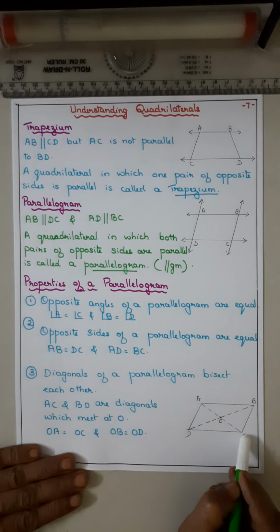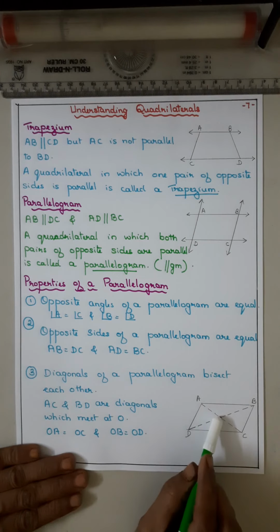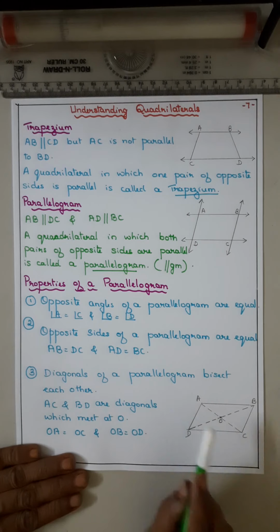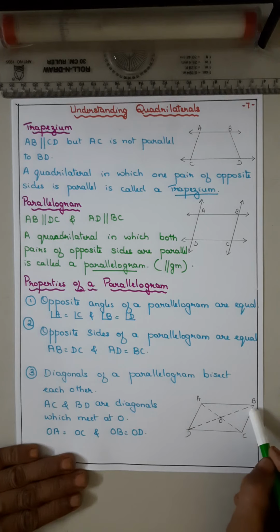AC is divided into two equal halves, that is AO, or OA, is equal to OC, and BD is divided into two equal halves, that is OB is equal to OD.